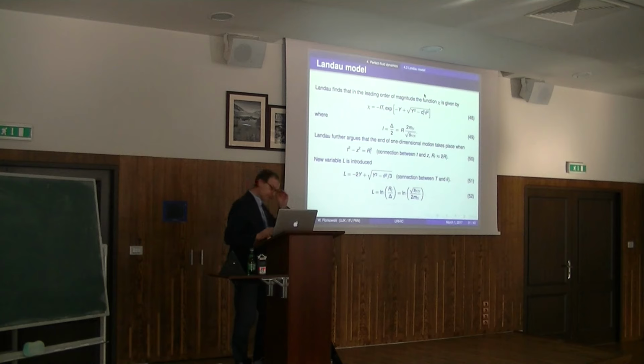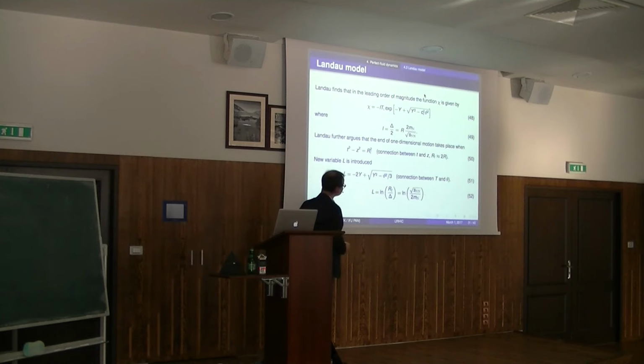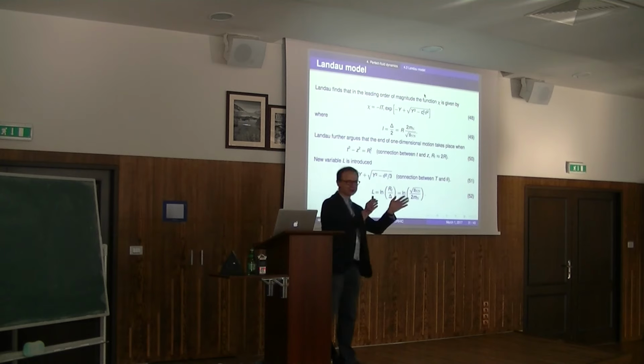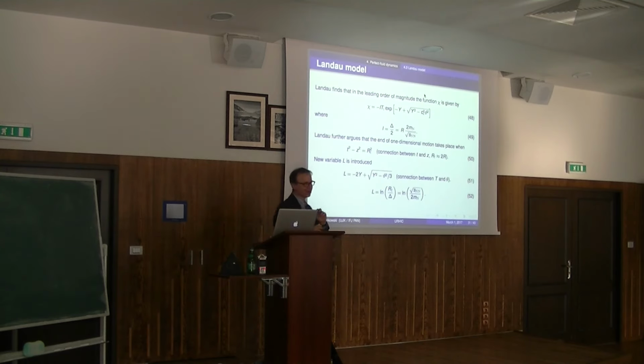There is also a kind of invariance in the Landau model, although people usually say the Landau model is a typical non-invariant model. Actually, in his paper Landau says that the freeze-out condition should be given by T squared minus Z squared equals Rf squared, some freeze-out radius squared, which is equal to two times the radius of the nucleus.